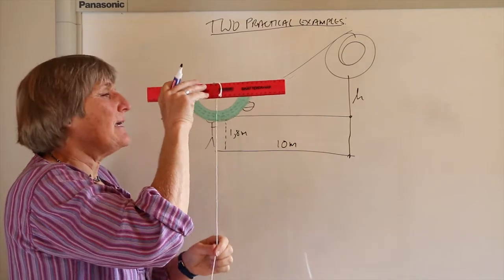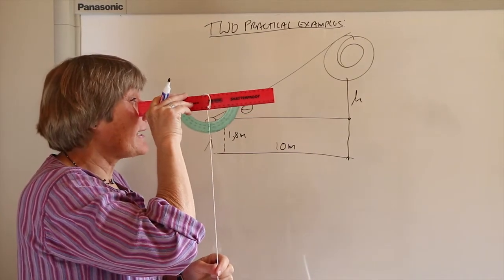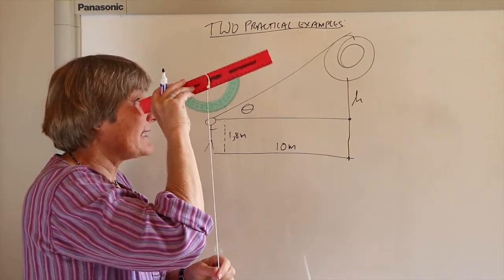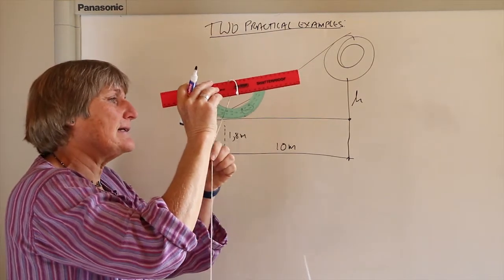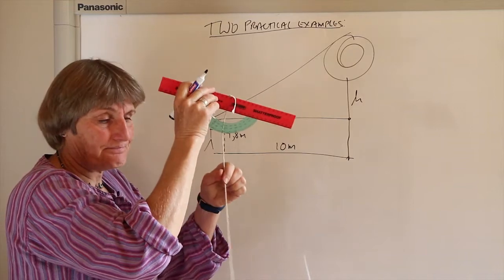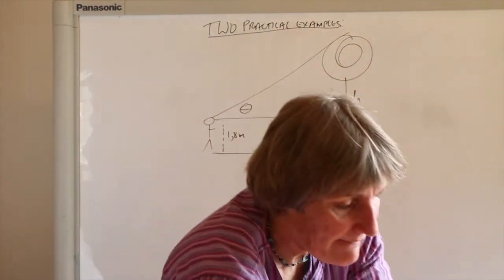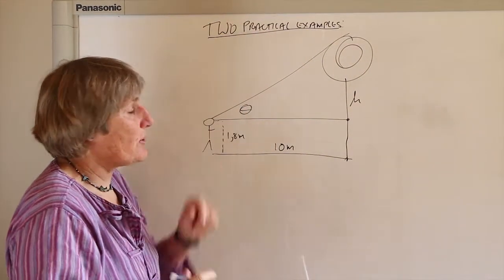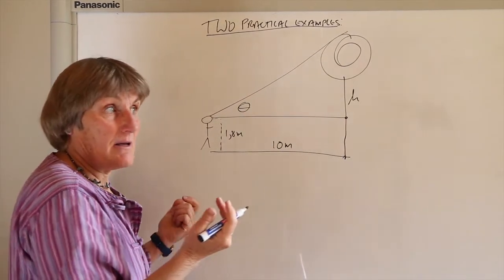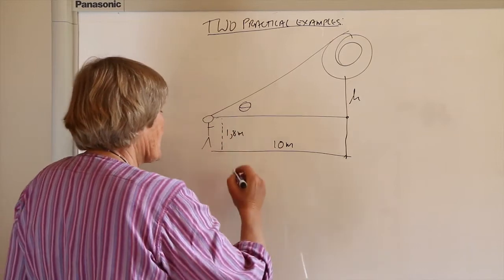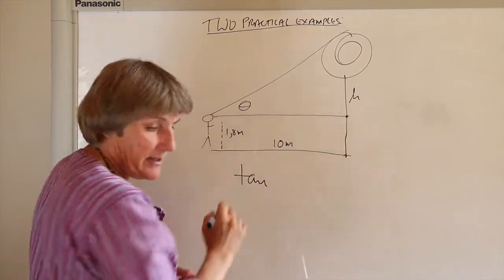And now they look with the clinometer and they go to the top of the tree. They get the rotation. And that's what an angle is. So you can see it hangs at 90 and you just get the difference. So they will have this angle of inclination, we call it. So how are they going to get the height of the tree? They're going to say the tan, okay, what did we measure?